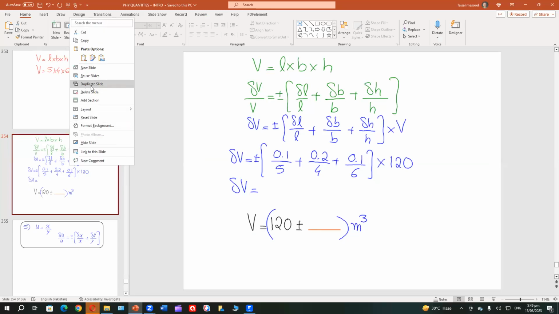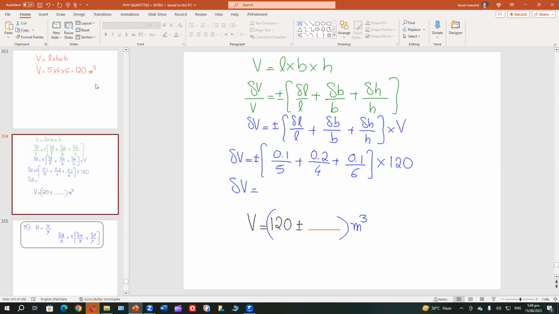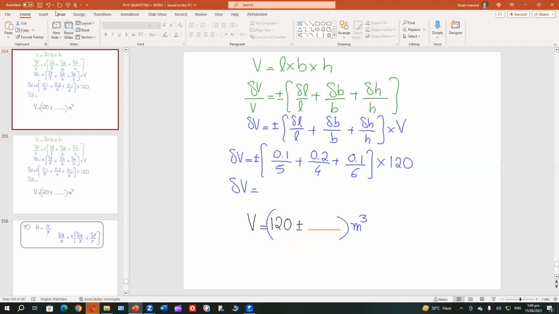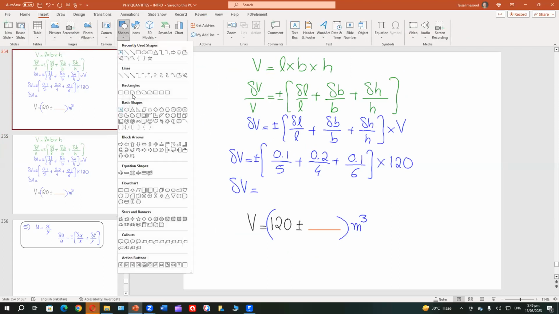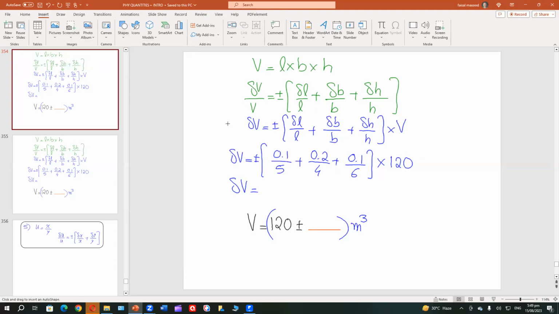You can try that. Are you getting something in fraction? I got 10.4. The fraction is 52 over 5. You're getting 10.4. Okay.